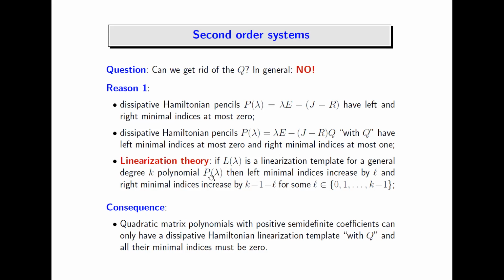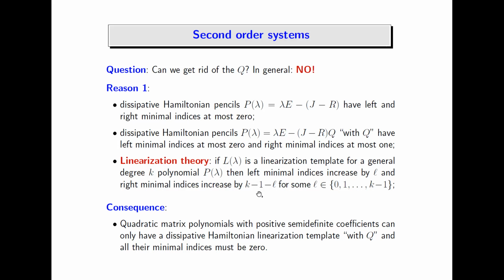So that's what I'm assuming here. But then the minimal indices, at least the left or the right minimal indices, have to increase by some numbers. And by the way, this is a number, as you can see here, in total, the minimal indices have to increase by degree minus 1.